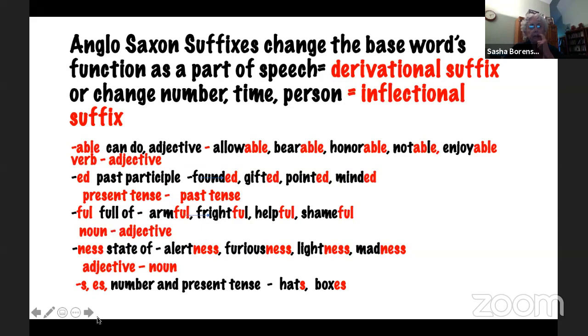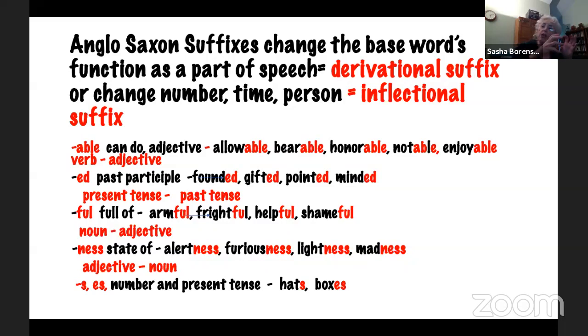Okay, let's look at the next slide. So, I want to talk about Anglo-Saxon suffixes in yet another way. I want to say, what is the function, as far as noun, verb, adjective, adverb, of these suffixes? And when I stick a suffix onto a base word, does the base word still stay a verb or a noun?